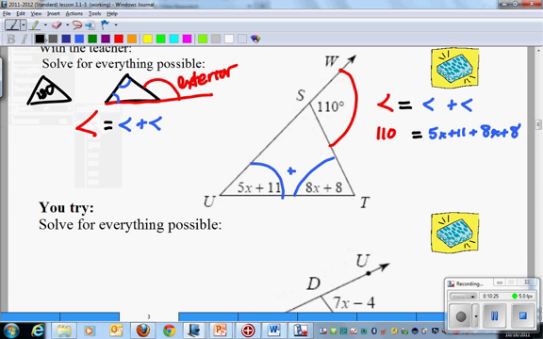I underline my x's and I double underline my numbers. So I have there 5x and 8x, 13x, plus 19. You solve for x from there. If you need a calculator, you may use it, although you should be able to manage without one.